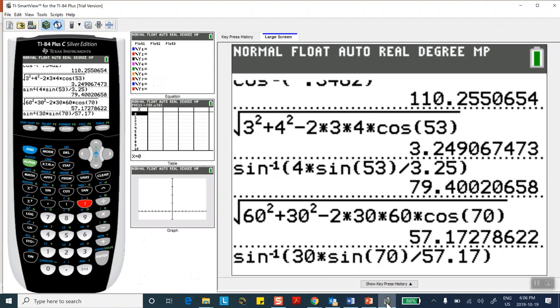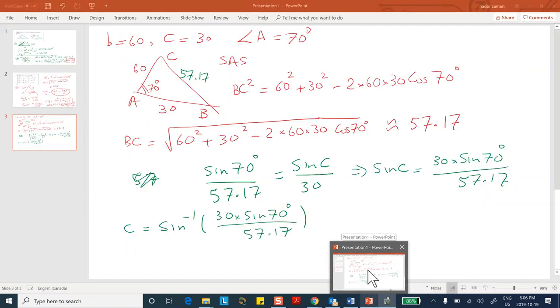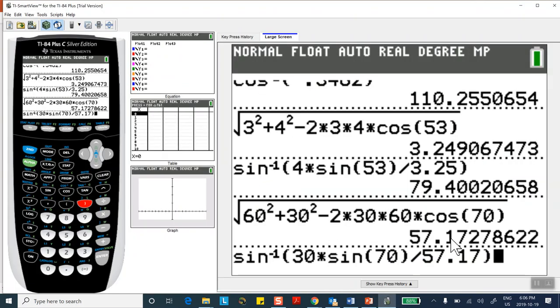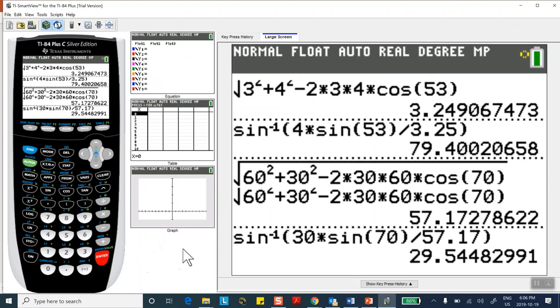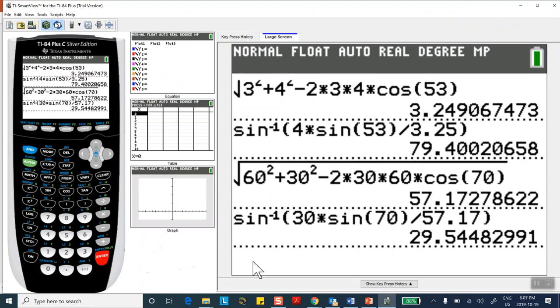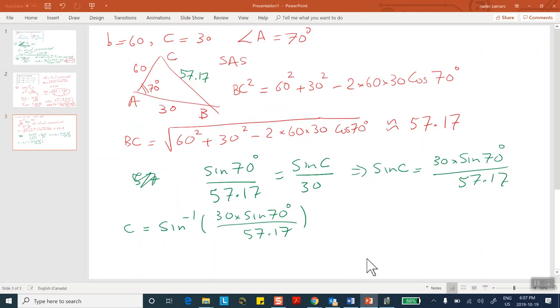Let's make sure that we typed it correctly: 30 times sine. Yeah, looks good. Okay, very good. Enter, and you're going to get 29.54. So this angle is 29.54 degrees.